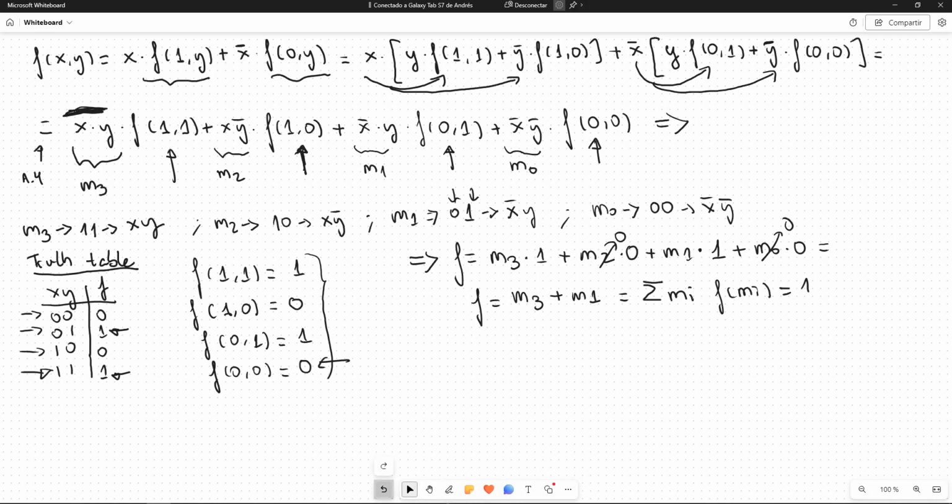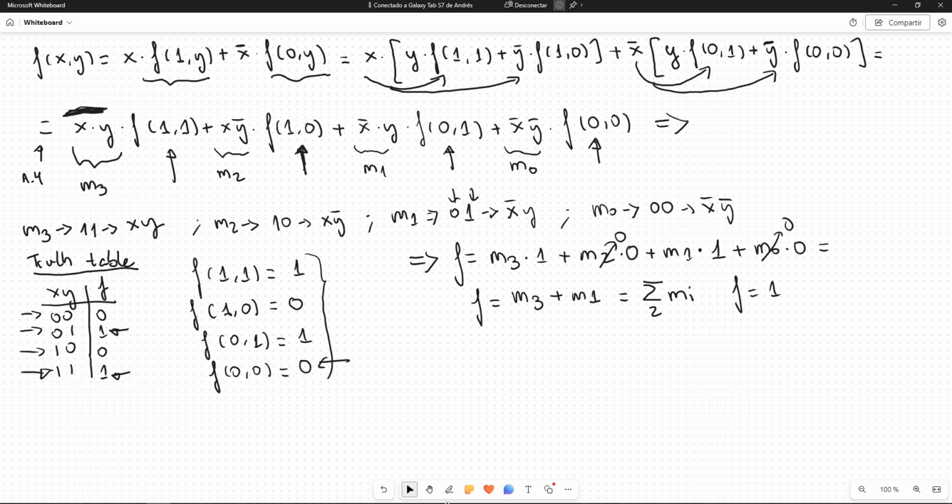Well, this is not exactly the notation, but it is the sum of the min terms for which the function is 1. We have two variables. I don't know if this is clear, but this is quite powerful, because just looking at a truth table, we can have the algebraic expression of a function.